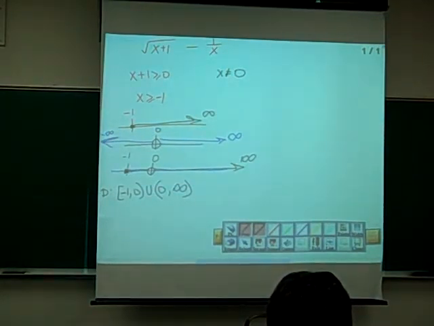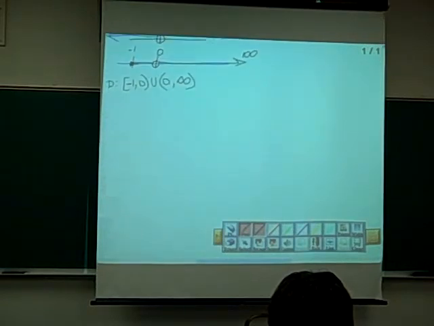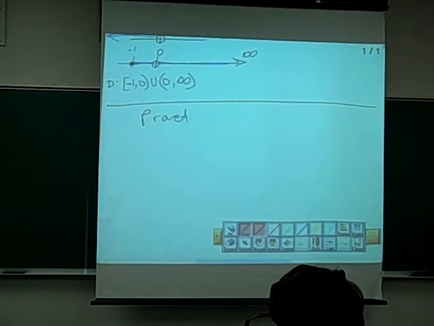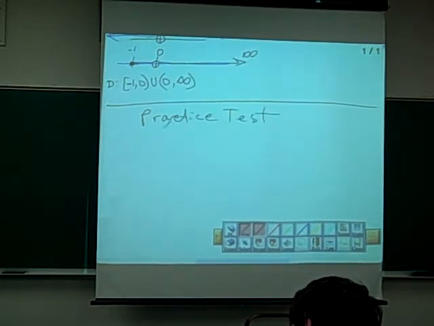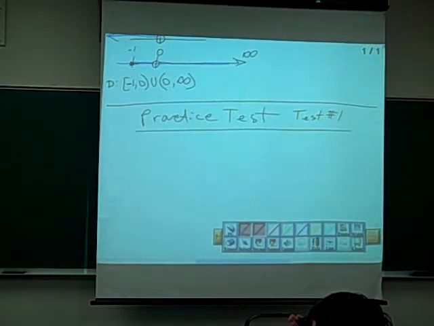Okay, first page. This is test 1. All right, number 4.